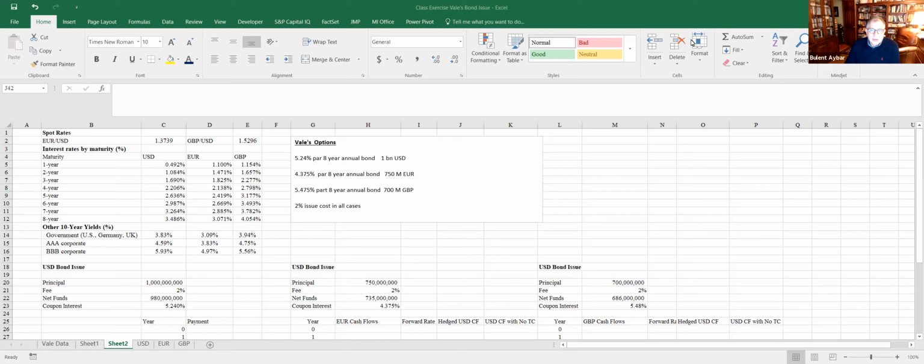The company needs to fund a major initiative and is looking for funding opportunities. It is contemplating three different alternatives that its bankers introduced to them. The first option is an annual bond issue, 8 years maturity with a coupon interest of 5.24%.